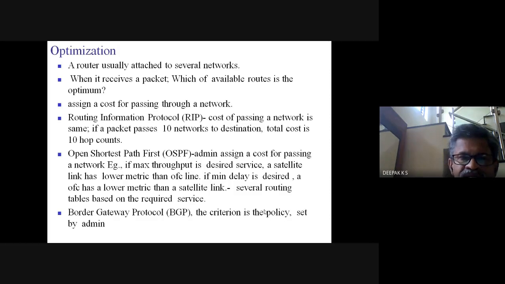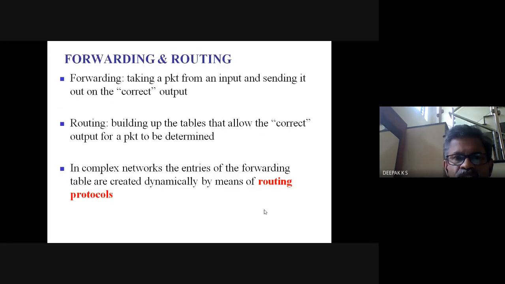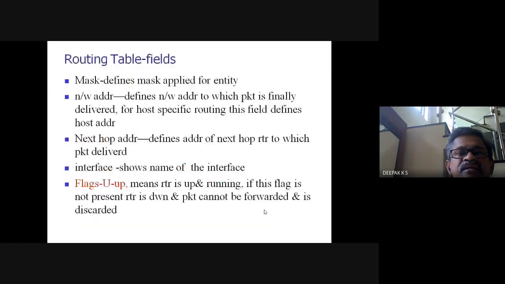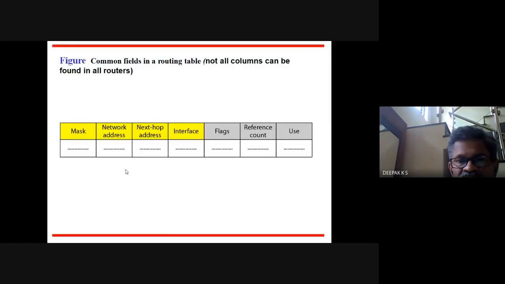So basically, we need to find the optimal route, and what we saw last class was forwarding. So for forwarding also, you need to get the routing table updated. So you need routing protocols which will update the routing tables, and those values have to be inserted here and updated.